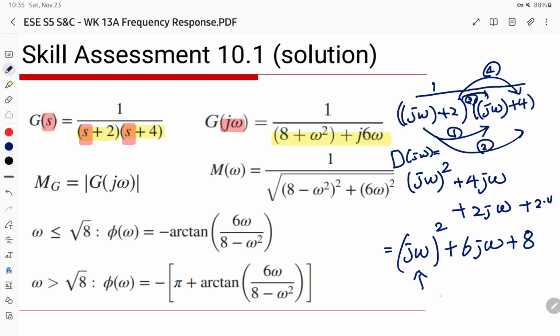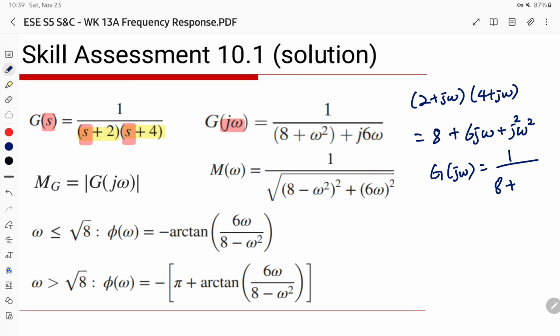What is j omega square? It's j square omega square. That is minus 1 and omega square. So when you do the denominator, when you're multiplying those, it will be 8 plus 6j omega plus j square omega square.